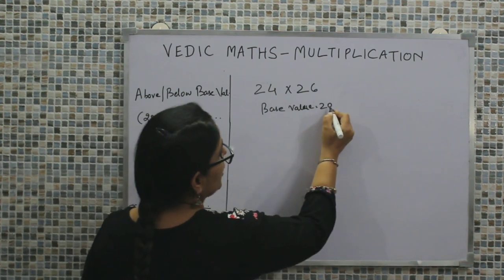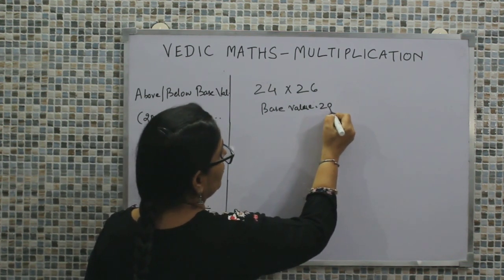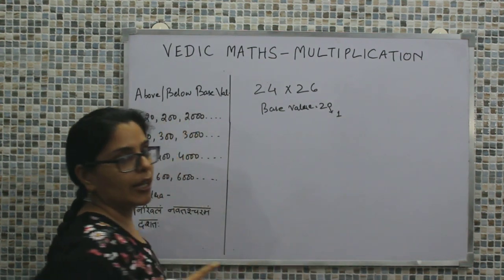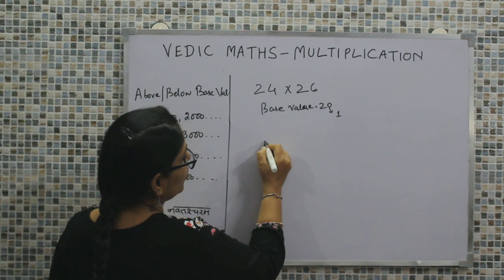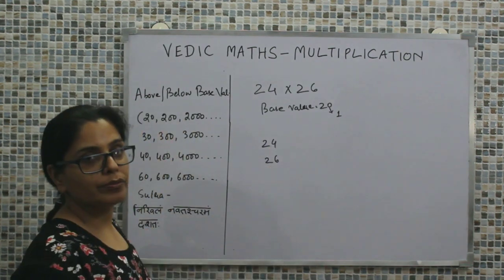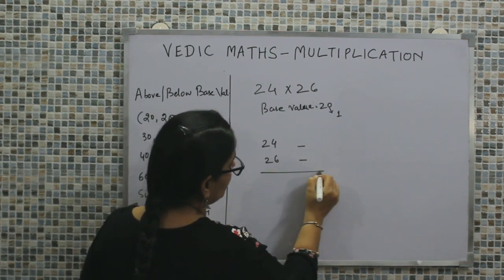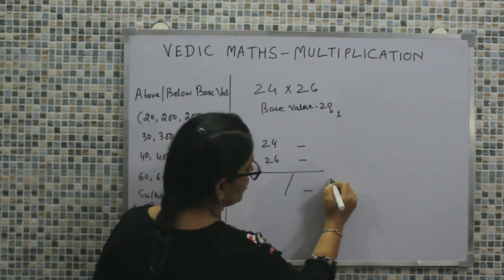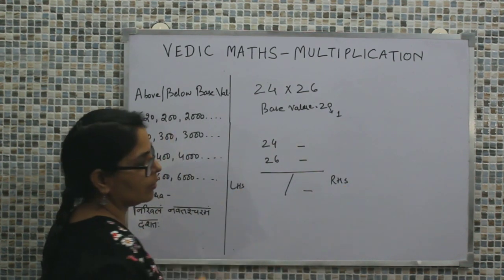Now the number of places to be left in the RHS will be 1 because 20 has 1 zero in it. Okay, so let's solve it out. 24, 26. The number of places to be left in the RHS is 1 and in the same way here also it is 1. So this is the RHS side and this is the LHS side.